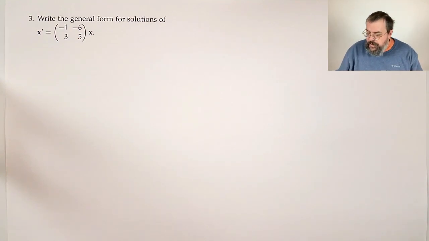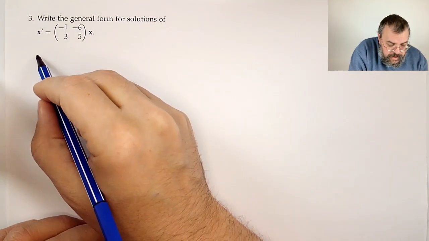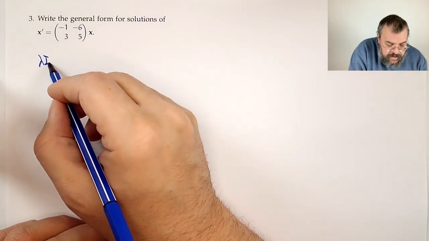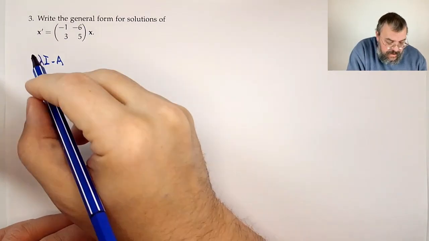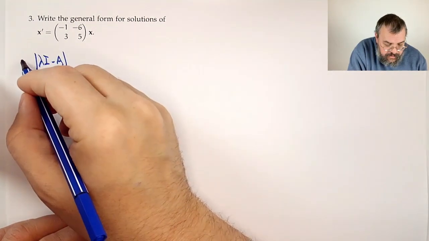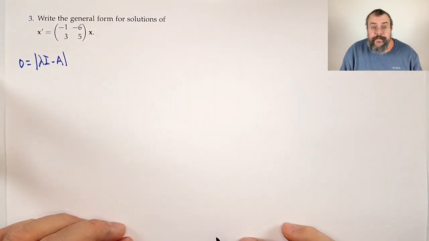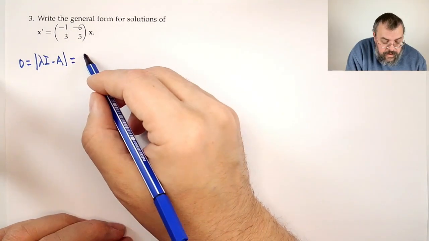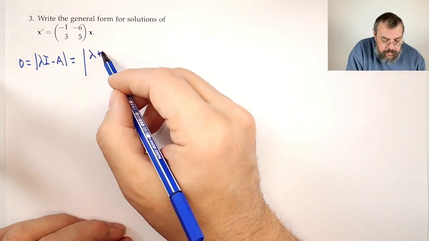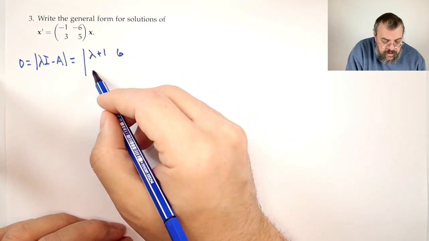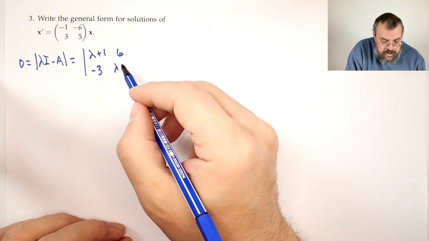All right, so we start out as we would for any problem where we have to do eigenvalues, eigenvectors. First off is eigenvalues. We can look at lambda I minus A, or A minus lambda I, whichever one you want. We're going to take that determinant, set that equal to 0, and solve. So that's the determinant of lambda minus -1, which makes it lambda +1, and 6, and -3, and lambda -5.